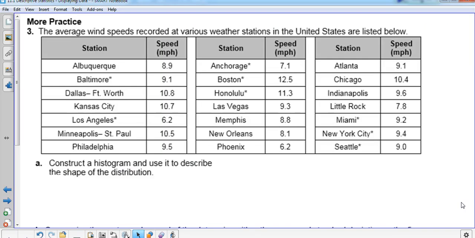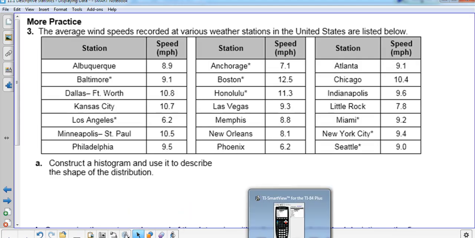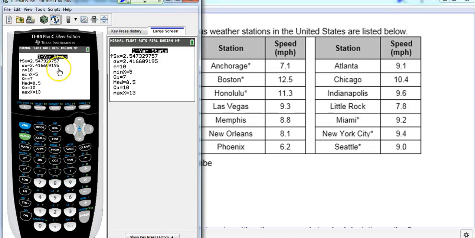All right, I want us to enter this in. I want you to enter all of these data points into one list on your calculator. I'm going to go off the cuff here, and I'm going to tell you, for now, just enter them all in. I'm going to try something different than I did last period for part of this, but for now, just enter them all in.